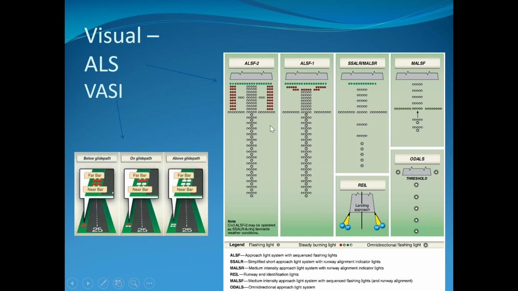The more lights you have, the more guidance it gives you. All of these can be used on a standard ILS. Once you get into these ones over here, like this one on the far left and the second one over, these are more used for the Category 2 and Category 3, the lower minimum ILS approach procedures.